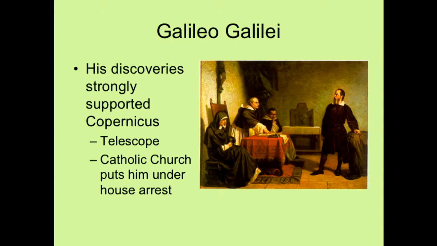He was forced to admit, even though he didn't want to recognize this himself, but he had to face either death or to admit that the earth did not revolve around the sun.